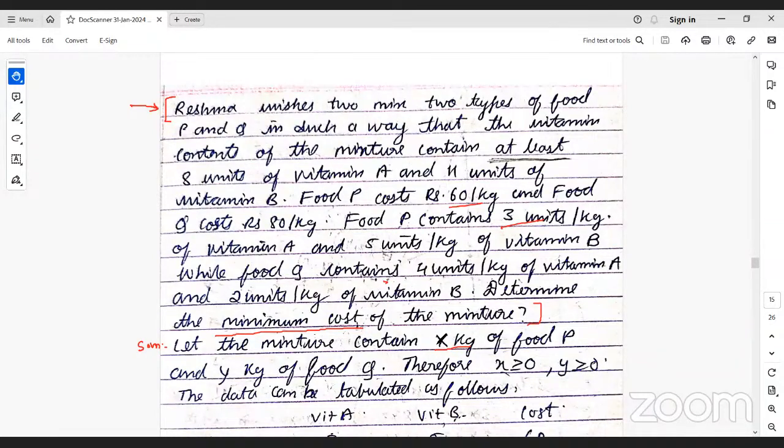Whatever the food length, height, all these quantities are there, they can't be below 0. So here we have to consider x is greater than or equal to 0 and y is also greater than or equal to 0. The amount of food P is x kg, and the amount of food Q present in the mixture we are considering as y kg.